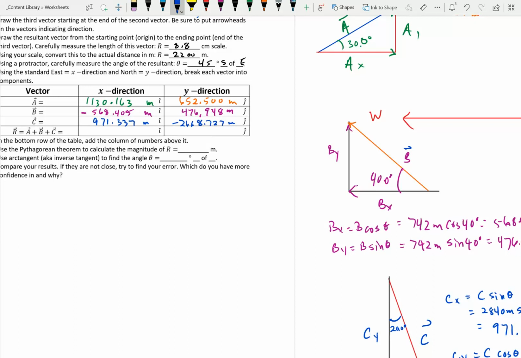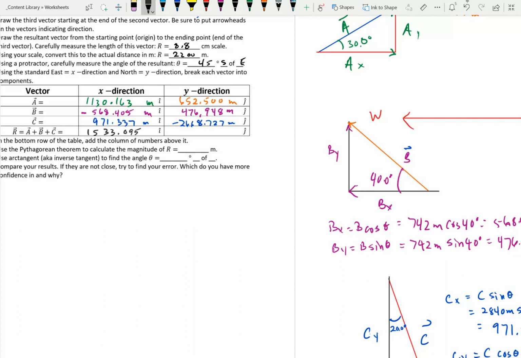Now, to get my components, I add like ones. So the x direction, I'm adding all of those together. So 1130, I'm going to not say the decimal, minus 568 plus 971. That gives me 1533.095 in the i direction.